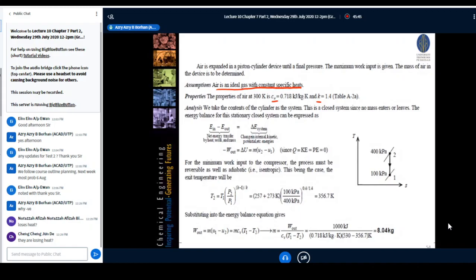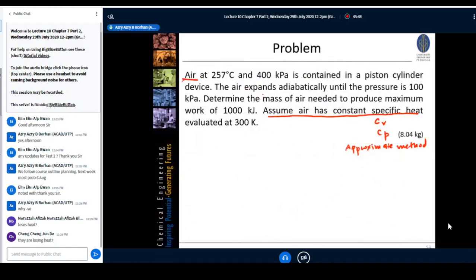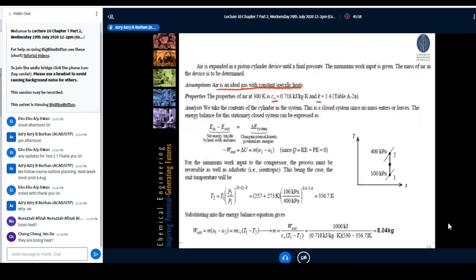Now, the question wants to know the mass of air to produce maximum work of 1000 kilojoule. Okay, so how can we use that? Basically, starting from the energy balance equation. Guys, remember, Q net in minus W net out is equivalent to your delta U. Because this is a stationary system, you can neglect kinetic and potential, right?